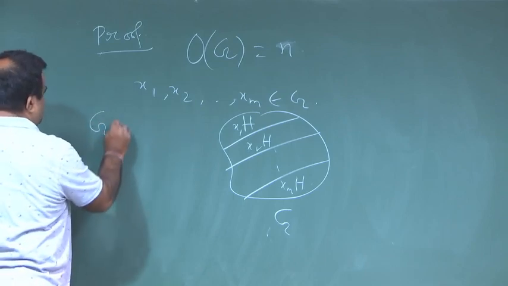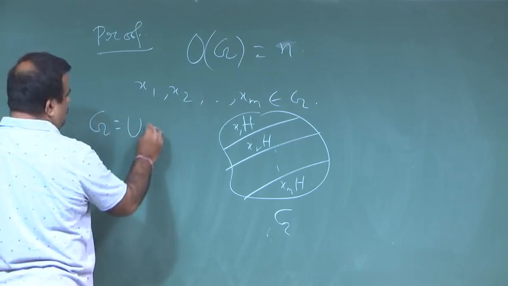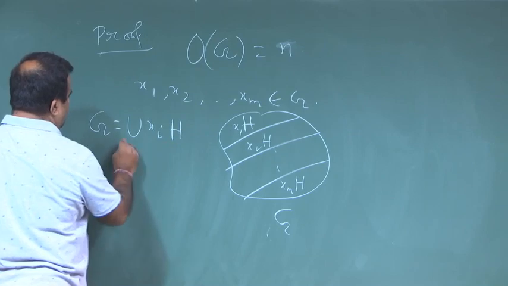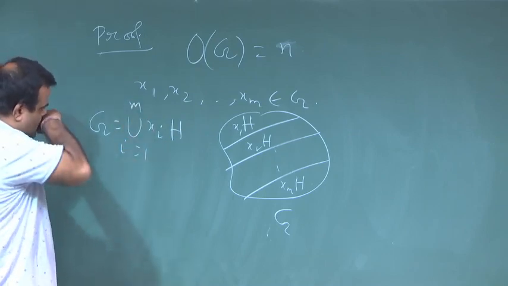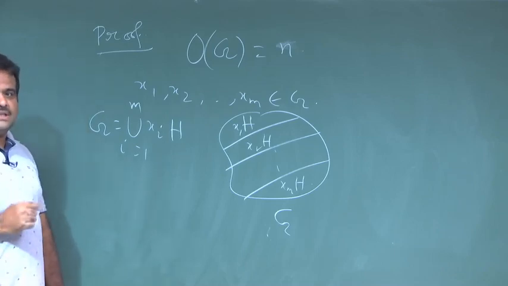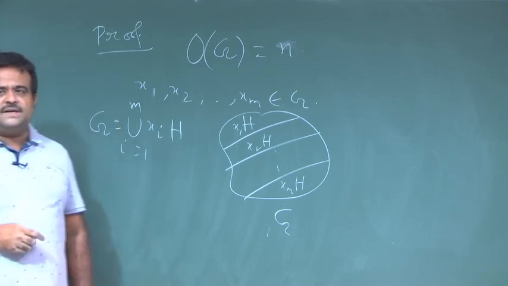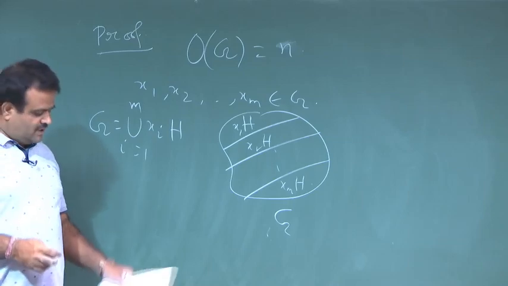So, basically G is now the union of xiH, i from 1 to m, suppose there are m. Now, in the last theorem we have proved that each coset has the same number of elements.